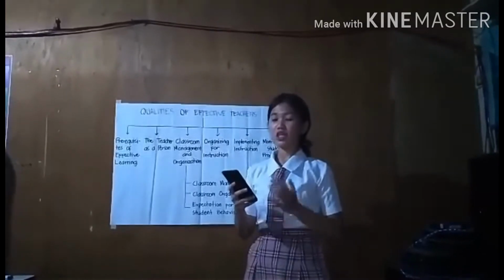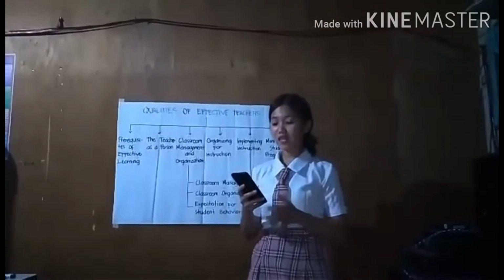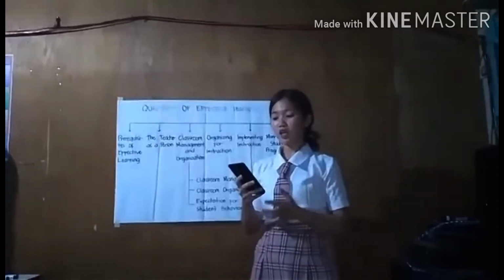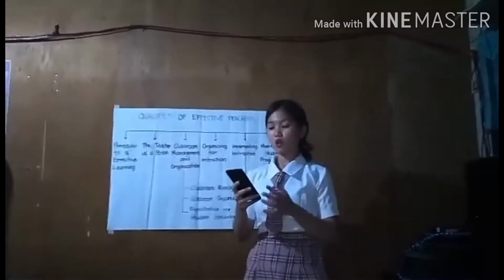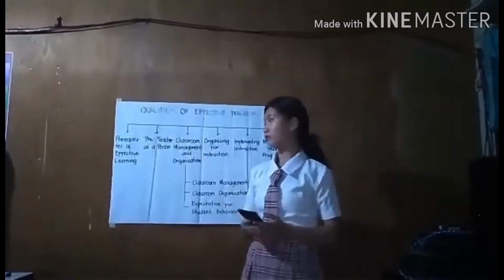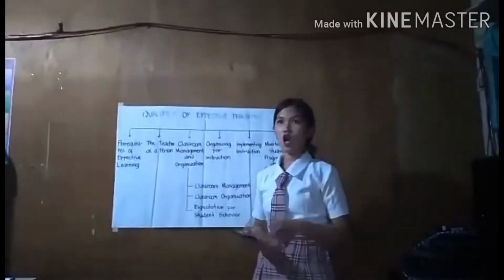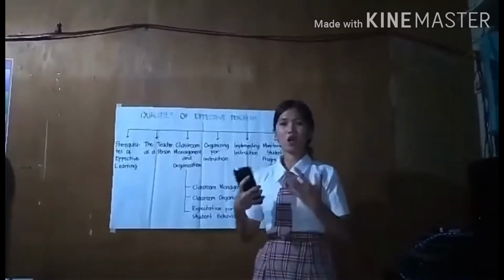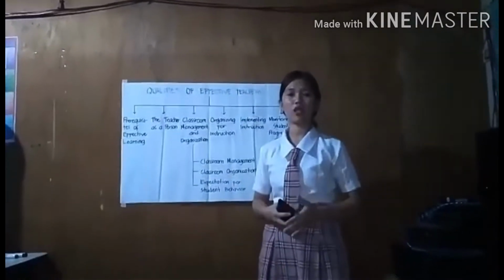And lastly, teaching experience, up to a point, is influential in teacher effectiveness, particularly in areas of planning, classroom management, questioning, and reflection. The teacher as a person. When you say a teacher, you should adjust in every situation you may be in.